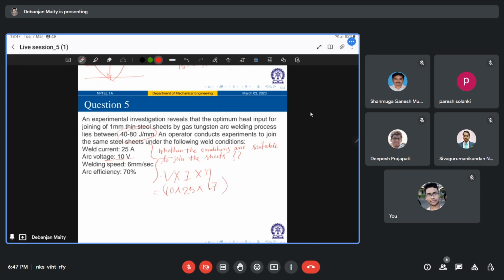How much is this coming as? Is the calculation okay? It's 175. 250 into 0.7.